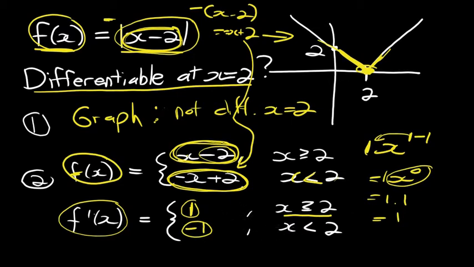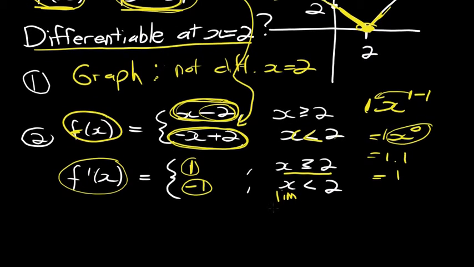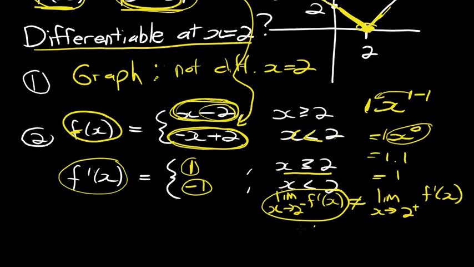So you can write it like this. I'll just shift this a bit down so that you can see it a bit clearer. The limit of f'(x) as x approaches 2 from the negative side is not equal to the limit of f'(x) as x approaches 2 from the positive side of the differentiated function, because this one, from the negative side, is negative 1, and this is 1.